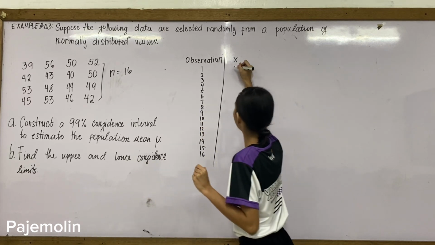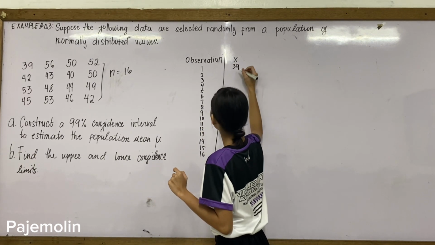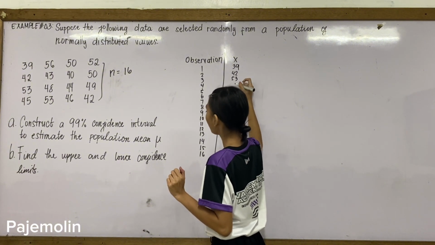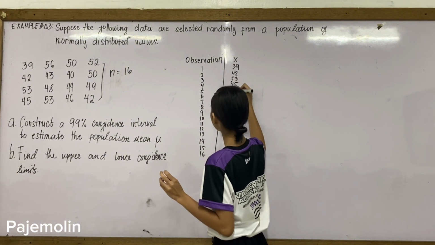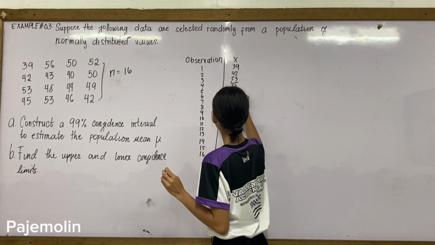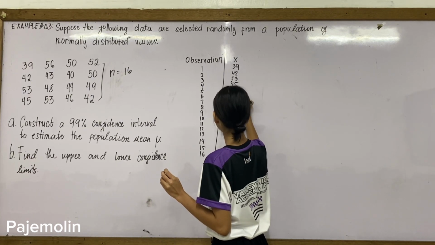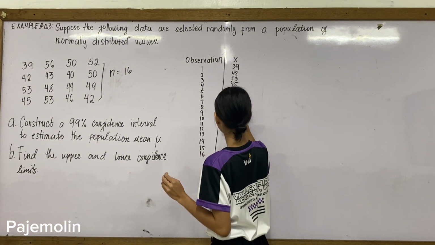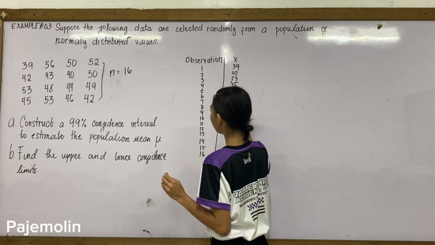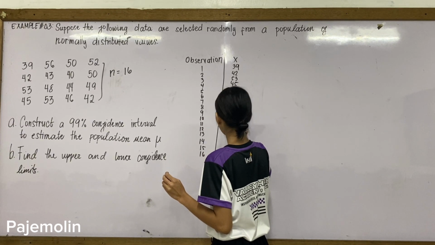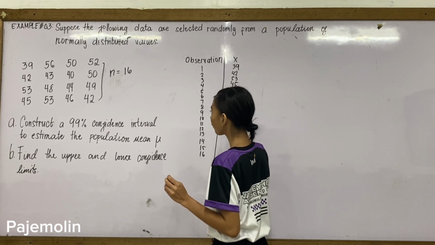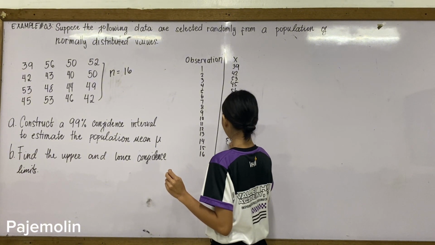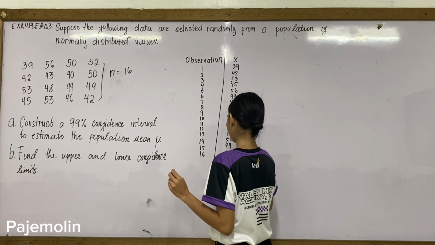So we have 39, 42, 53, 45, 56, 43, 48, 53, 50, 40, 44, 46, 52, 50, 49, and 42.